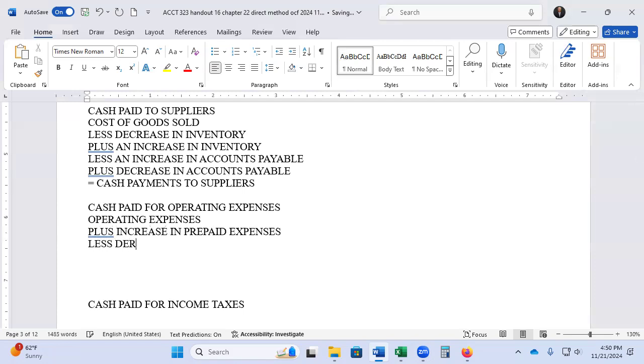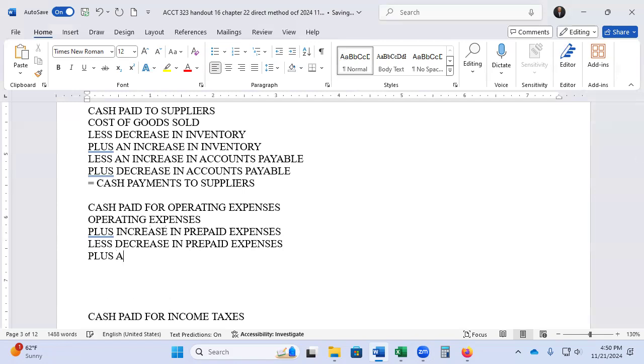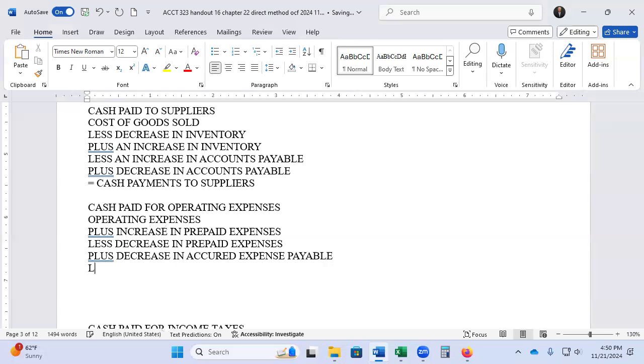Less a decrease in prepaid expenses. Plus decrease in accrued expenses payable. Less an increase in accrued expenses payable.